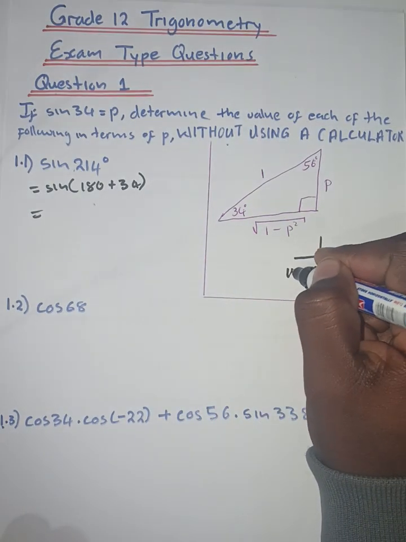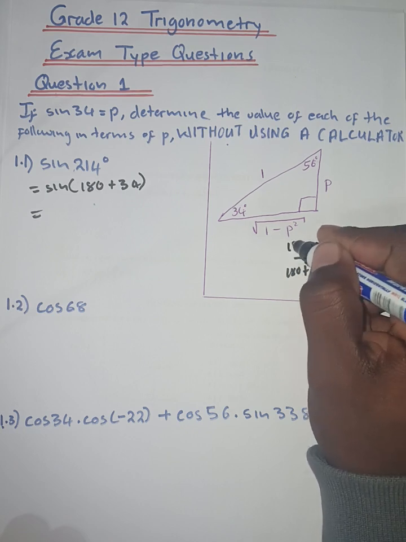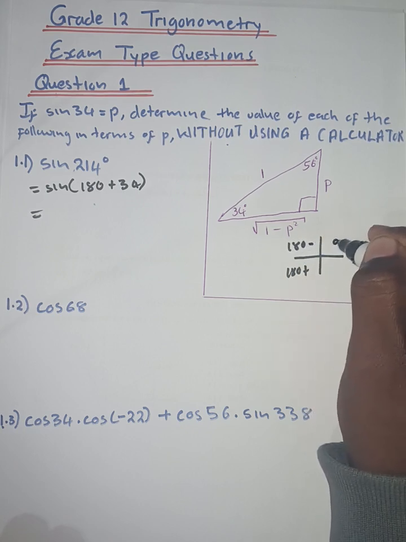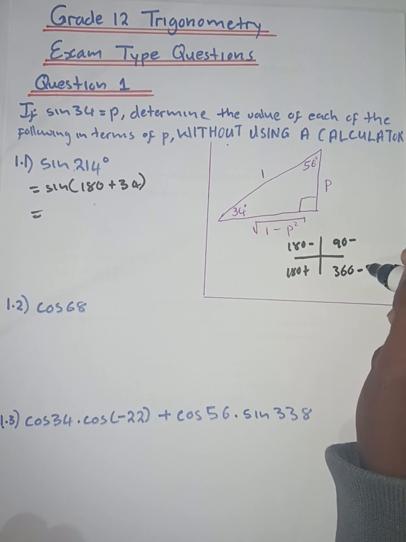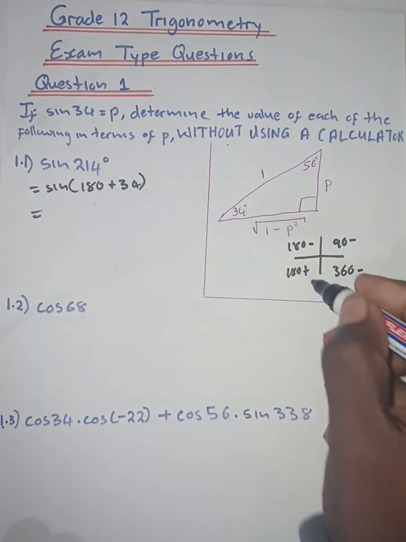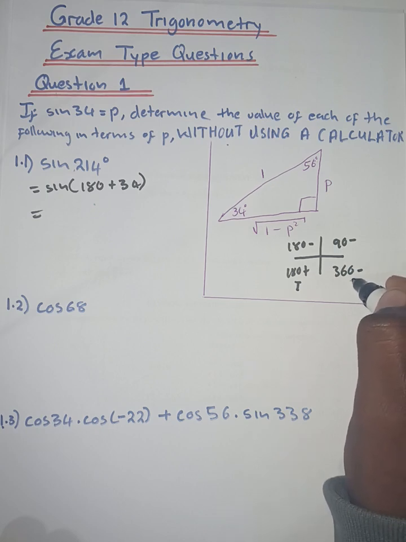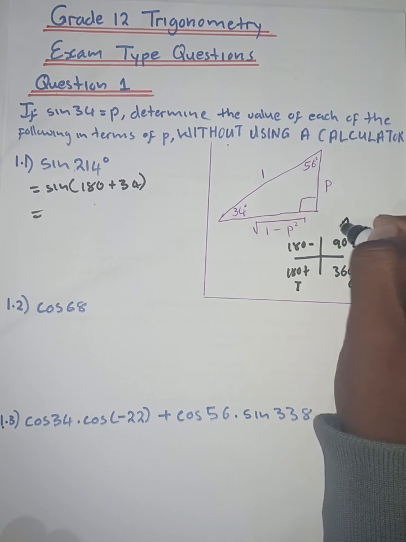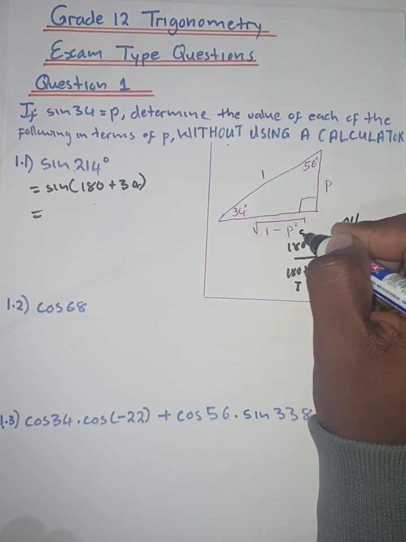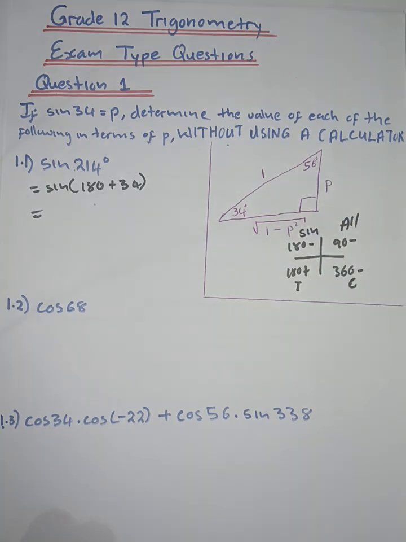So this is 180 plus, this is 180 minus, that would be 90 minus, and that would be 360 minus an angle. We know that only tan is positive in this quadrant, only cos in that one, all of them are positive there, and only sine is positive in that quadrant.